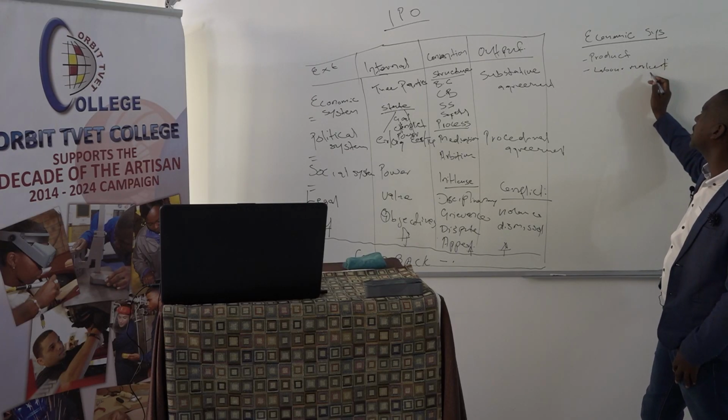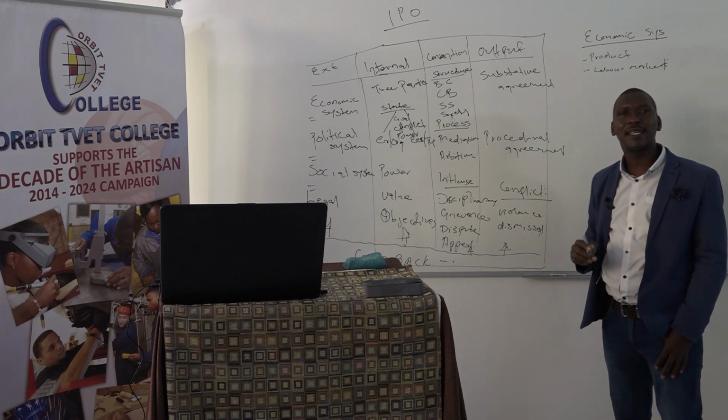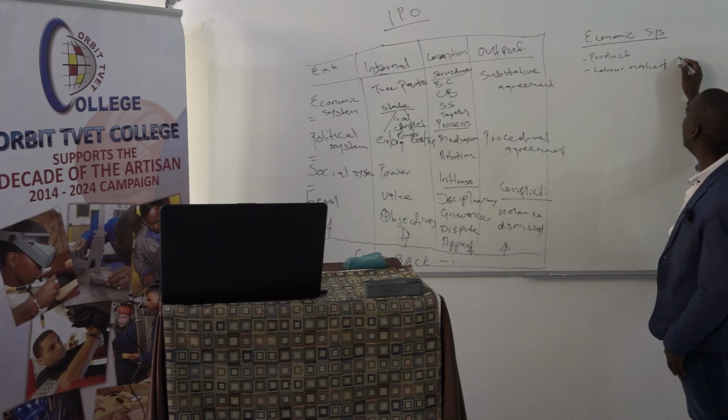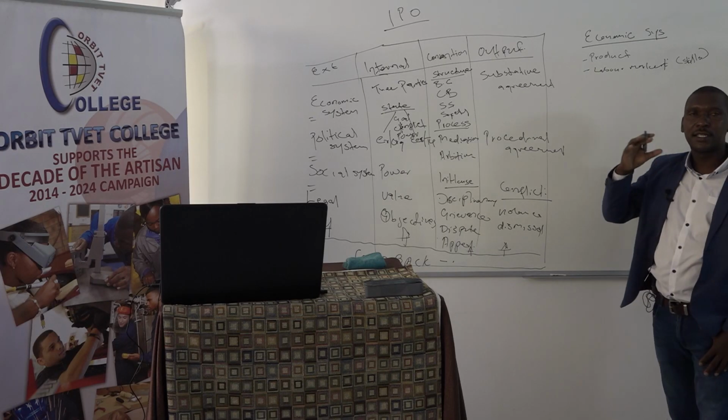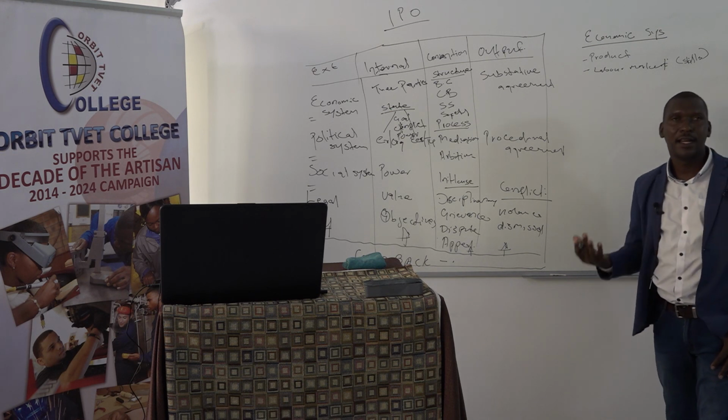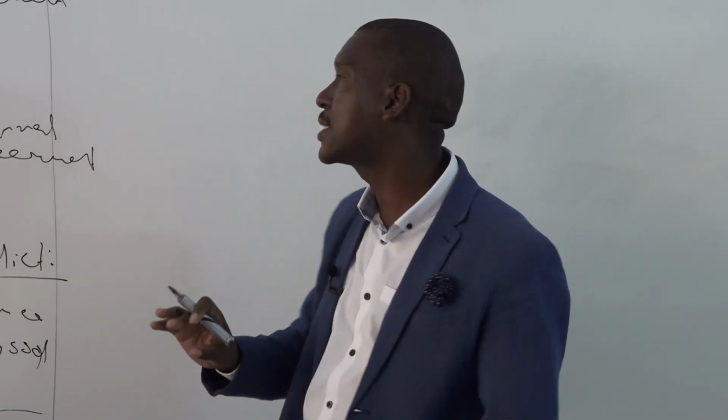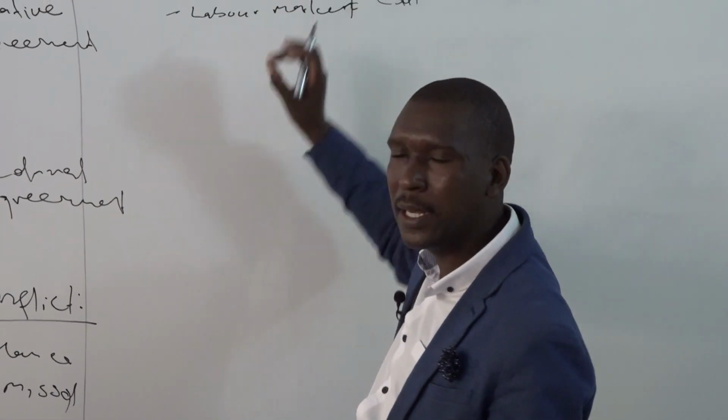With regards to the labor market, we are actually referring to the types of skills, the set of talents that is available. We have semi-qualified, unskilled, or technical skills available in our labor market.